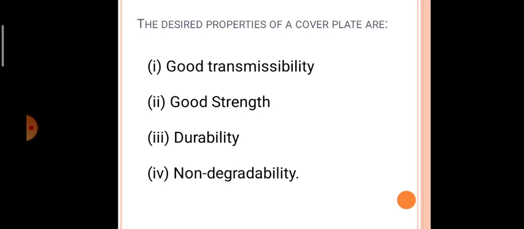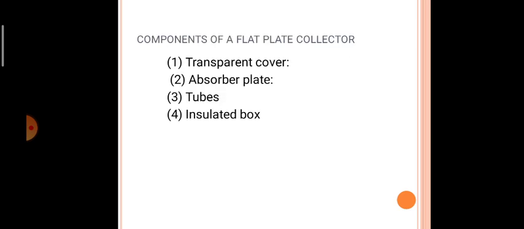The temperature of the glass cover is lower than the absorber plate. As a result, it absorbs more thermal energy and reduces radiation losses to the atmosphere. So this is all about the two parts of a flat plate collector, the transparent cover and the absorber plate. Next comes tubes and the insulated box.